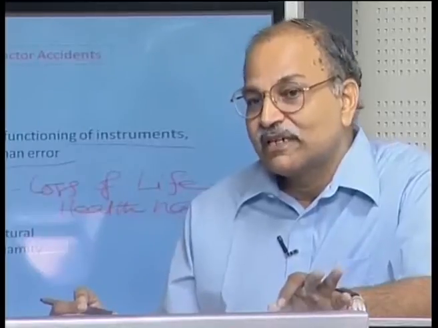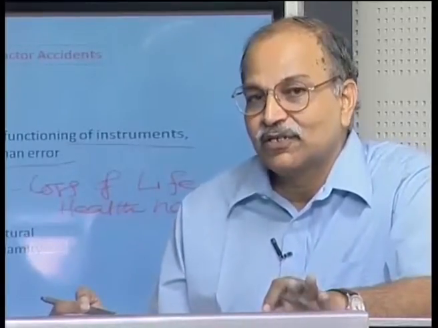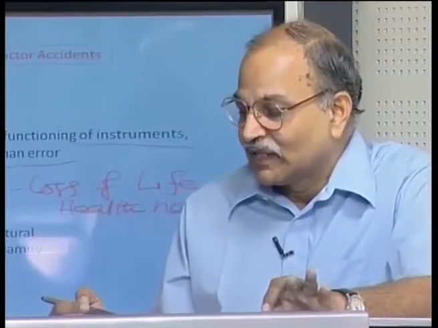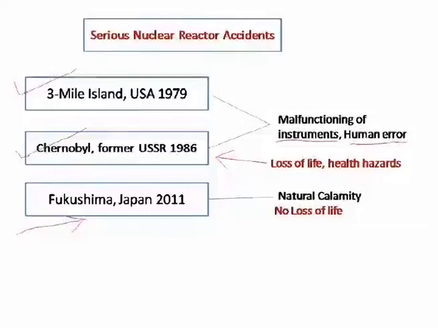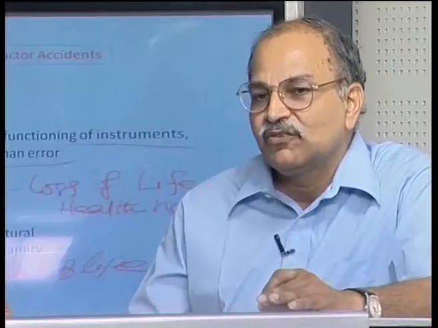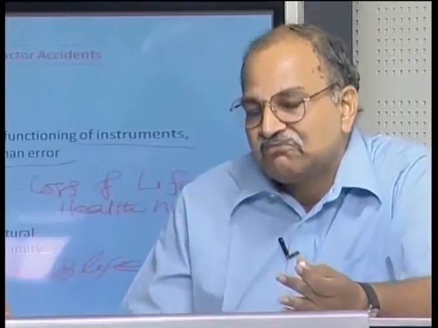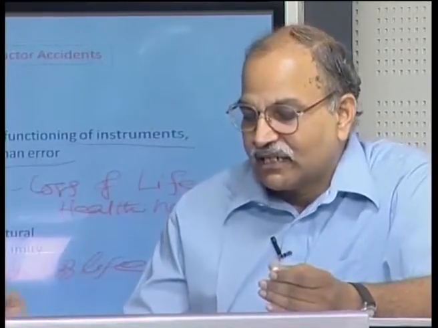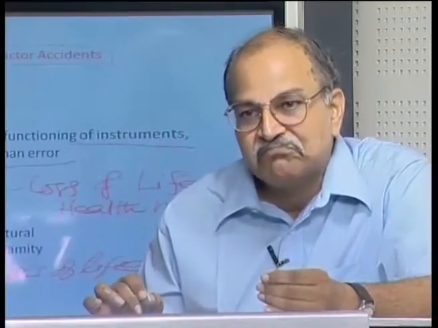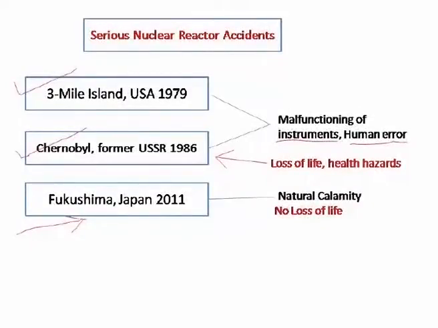Everyone knows that this entire complex is now unusable. But this was a natural calamity, and so far no loss of life has been reported, and even the radiation exposure is not very alarming to the workers and people there. But Chernobyl surely created a lot of problems, with some 56 or so reported human casualties.